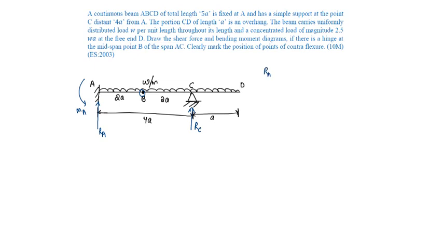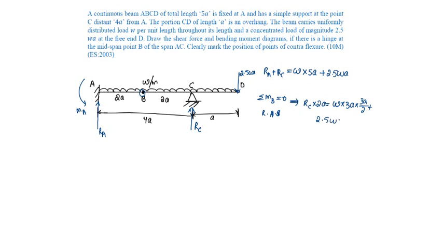First, RA plus RC will be equal to the total UDL all over the span, plus the 2.5 WA load given at D. Let us put it aside, and equating moment at B to 0 for the right hand span, we get RC into 2A equal to W into 3A into 3A by 2 plus 2.5 WA into 3A.